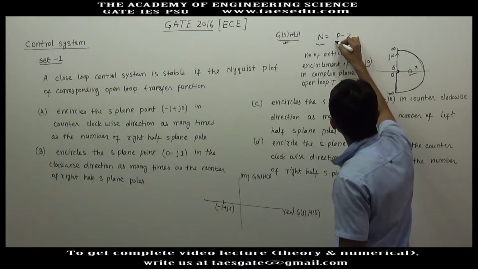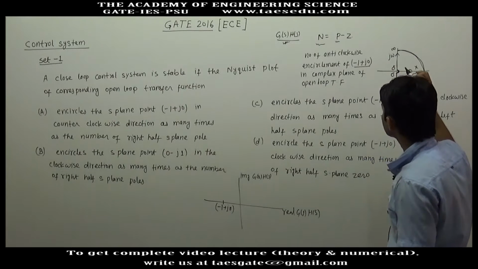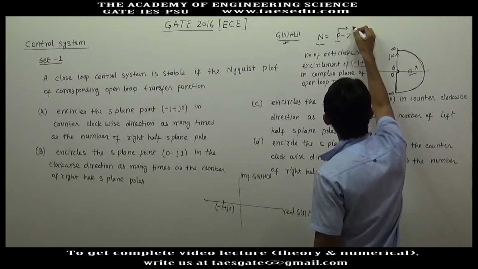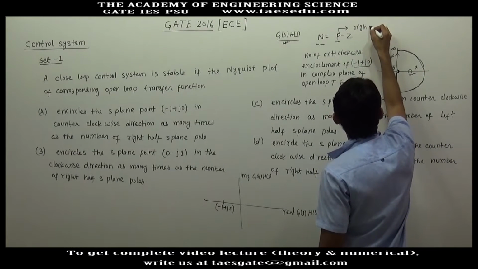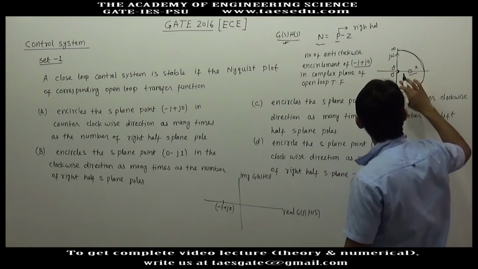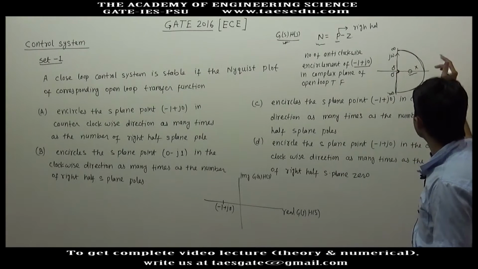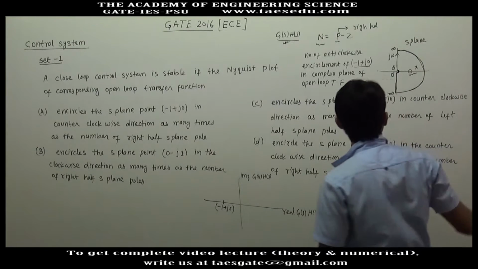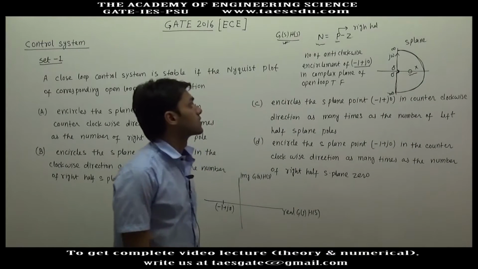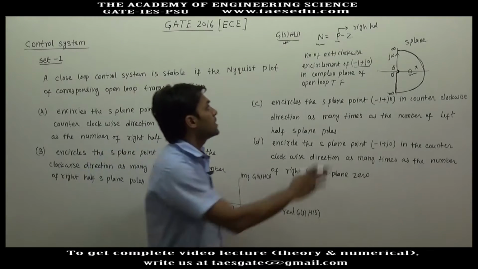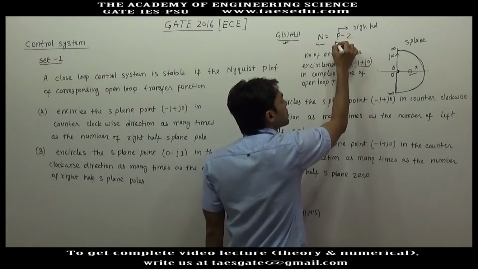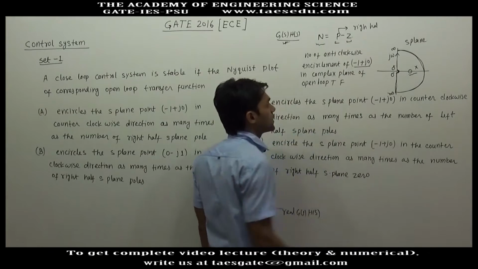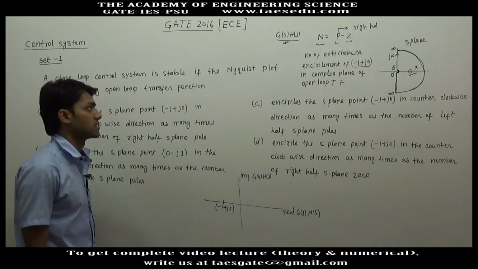What is P? P is the right half pole, because we cover the right half of the s plane only. This is the s plane. We cover the entire right half of the s plane. So here P and Z will be right half poles and zeros of the s plane.